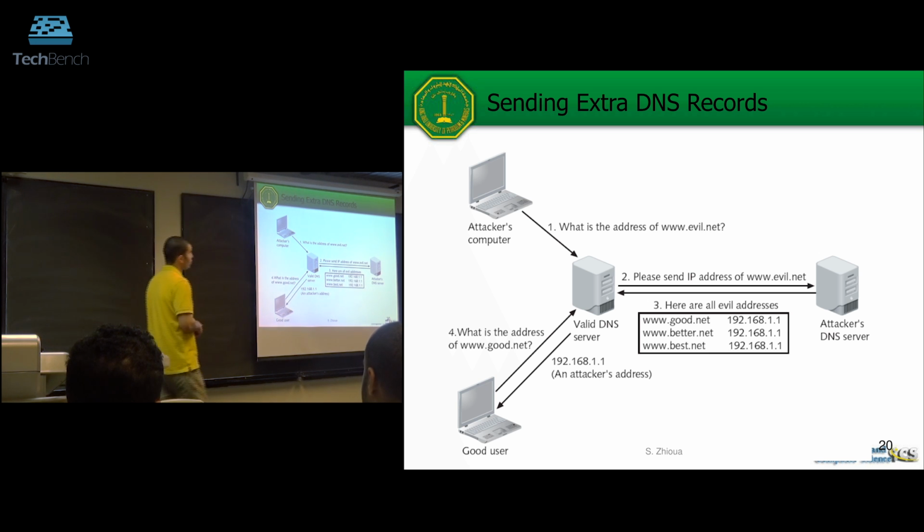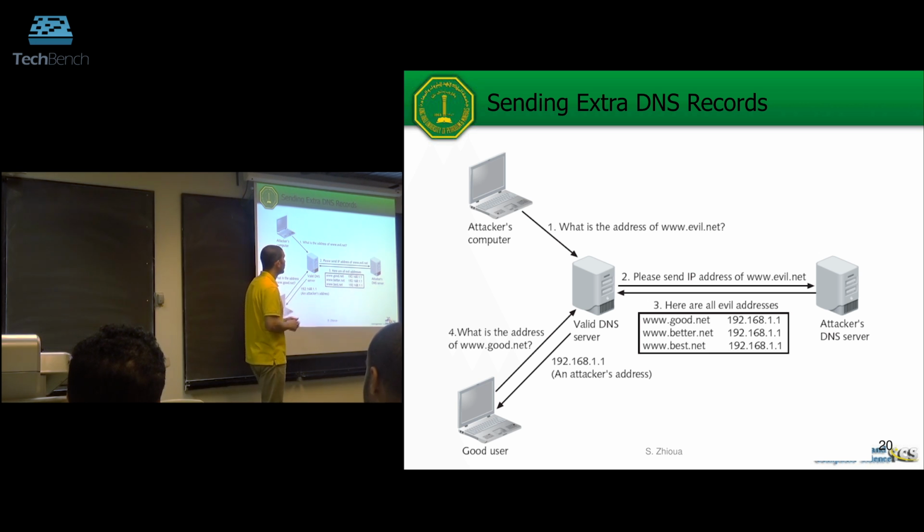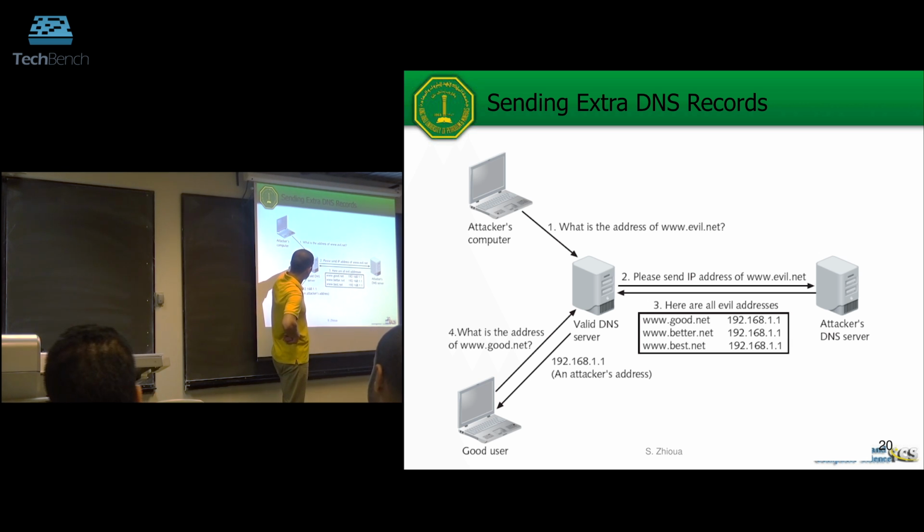Sending extra DNS records is another trick to poison the DNS. So here, this is the user. He is asking for the IP of good.net, so he will contact a DNS server.